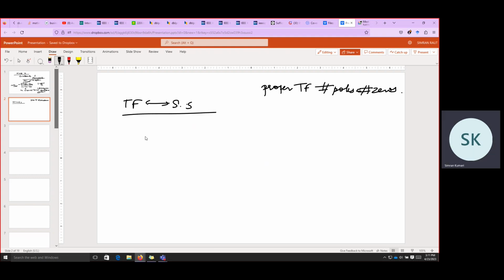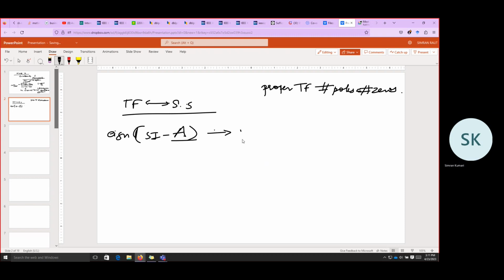Okay, then we saw that the eigenvalues of this A matrix, so we can say the characteristic equation of sI minus A, is related to the poles of the transfer function.